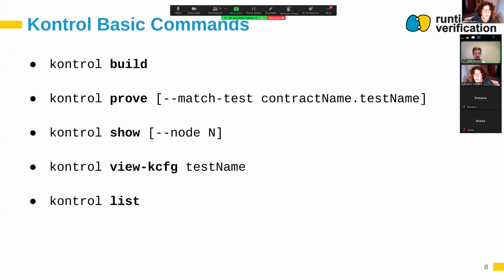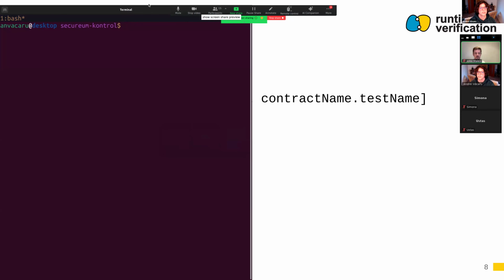And then you have kontrol prove, which can take an argument of the test you want to run. When you run kontrol prove, you will actually execute the specification with symbolic execution. And I think I can go back to the terminal here.